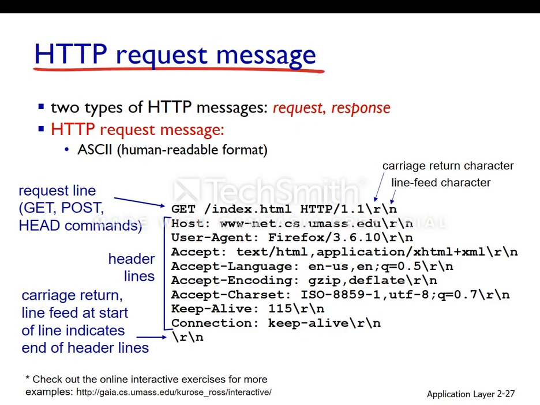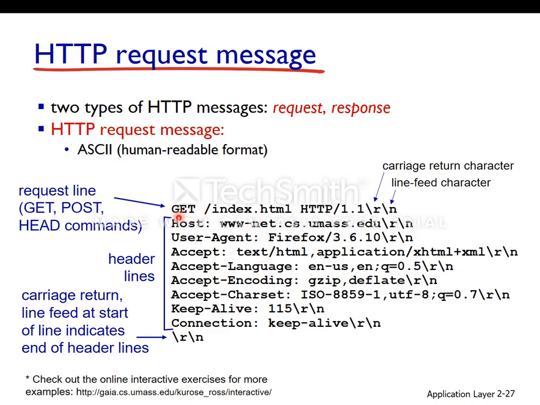Now, HTTP messages are of 2 types. There are request or response messages. HTTP 1.0 and 1.1 were just in ASCII, which basically means in human readable format. So this is a general structure of an HTTP message.